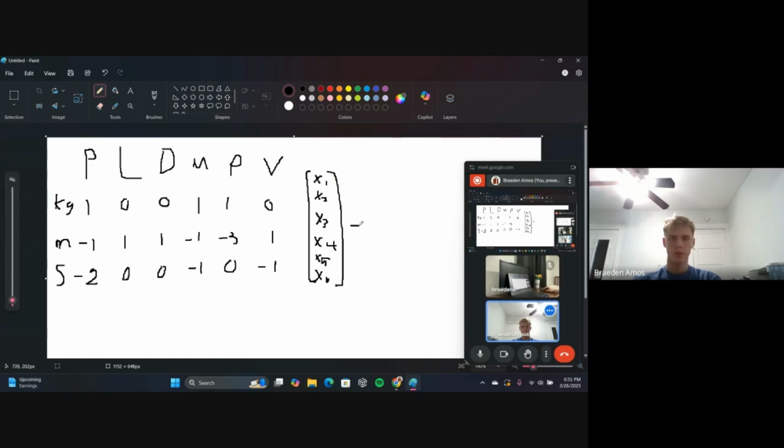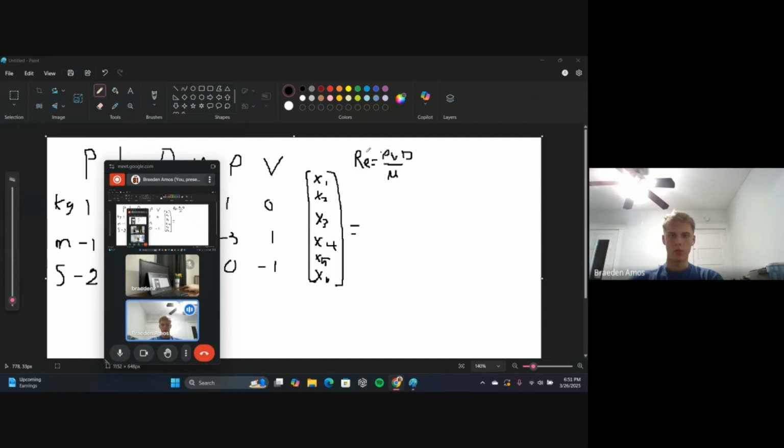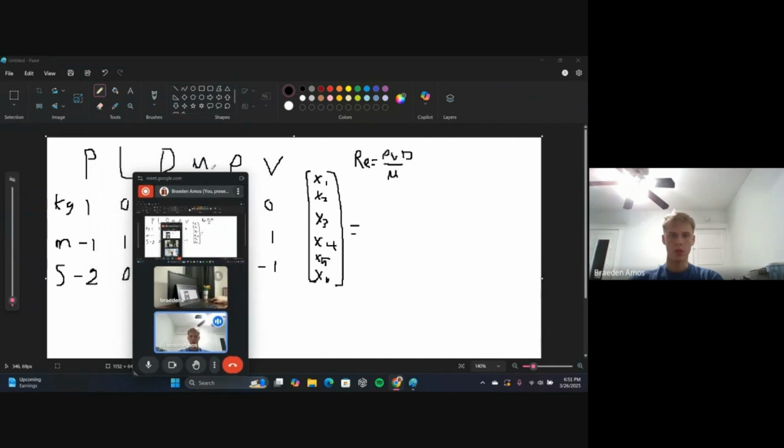Okay, so the numbers in this are related to the equation Re equals rho V D over mu. So from this, we can tell there's no P and no L, so x1 and x2 are going to be equal to 0.